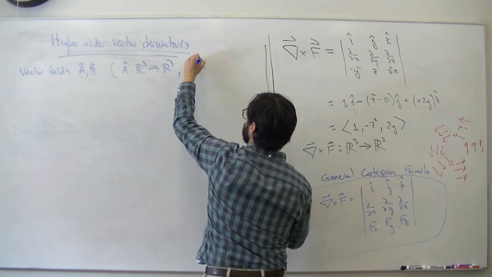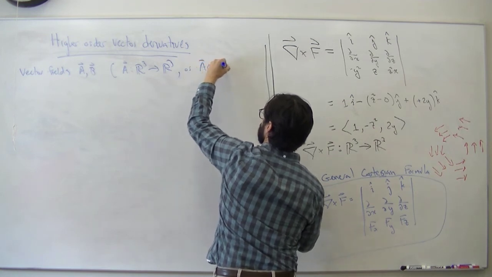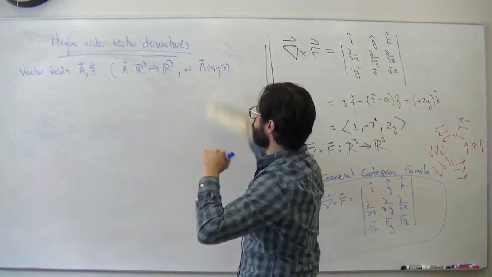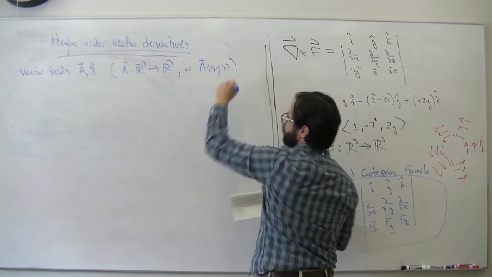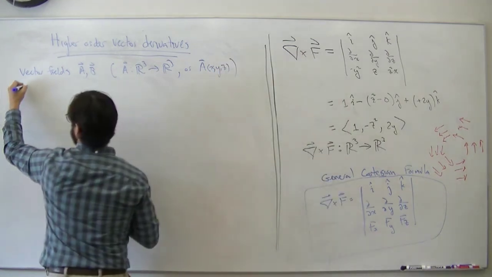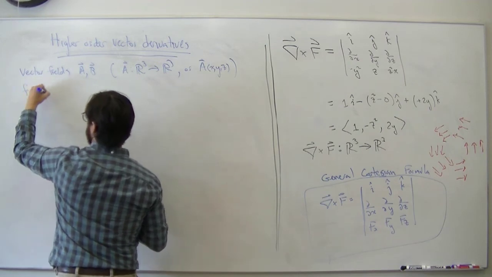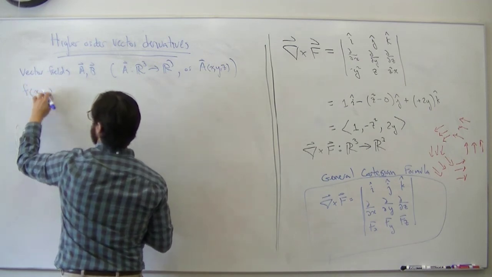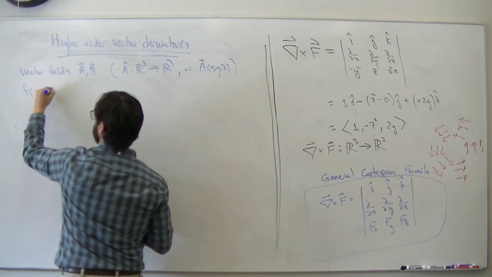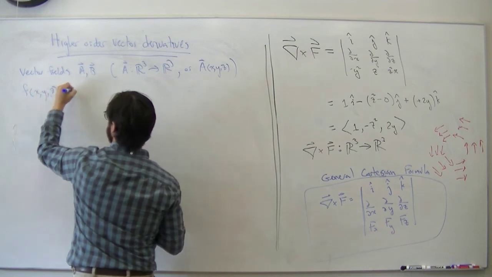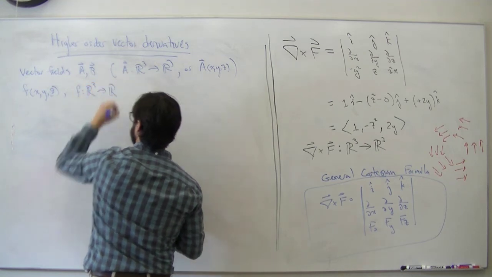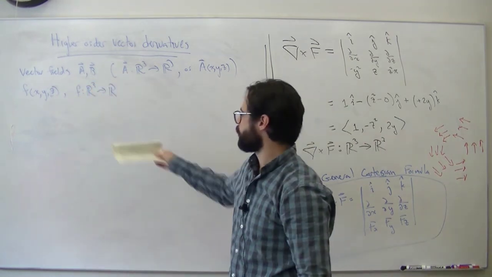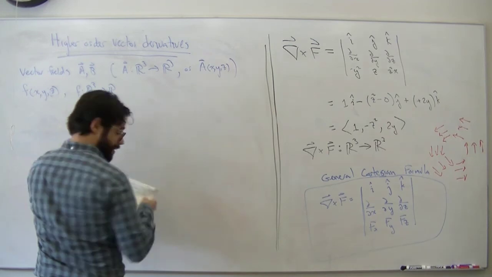Or another way of saying it is, at least in Cartesian coordinates, I've got to tell you x, y, and z, and then a 3D vector comes out. And a scalar function, f of x, y, and z, which means that f is a mapping from R3 to R. Okay, so these are the things I'm going to play with, and I'm just going to write down some stuff.